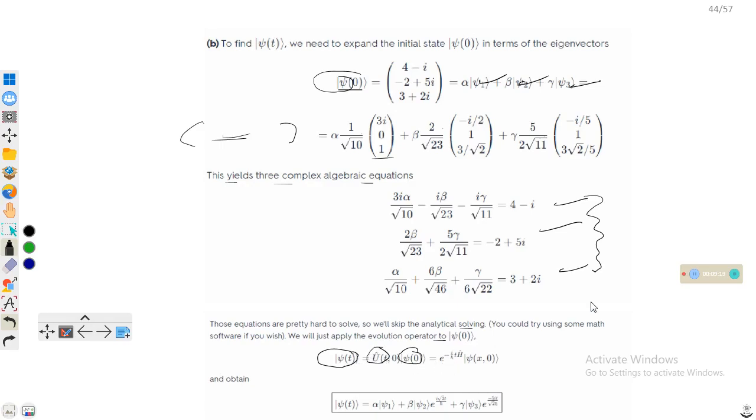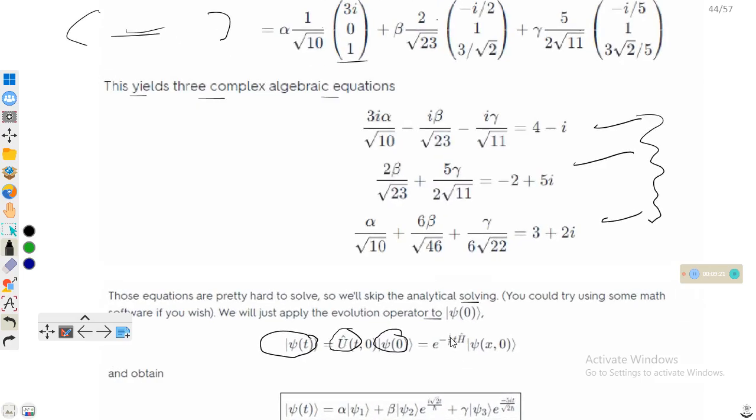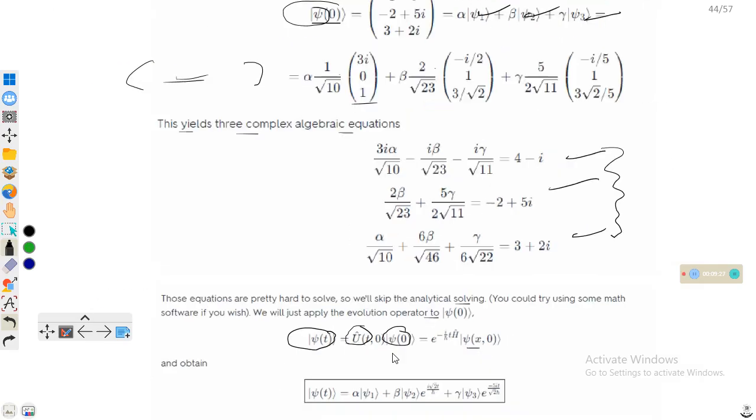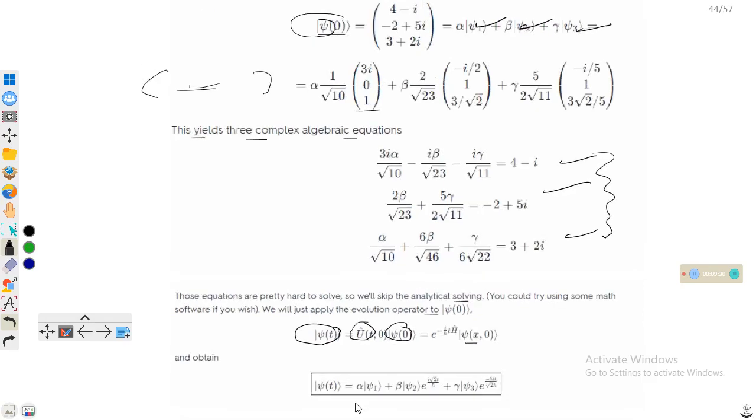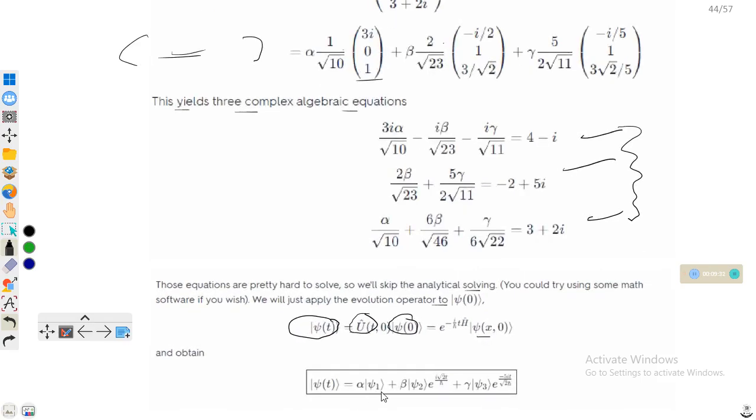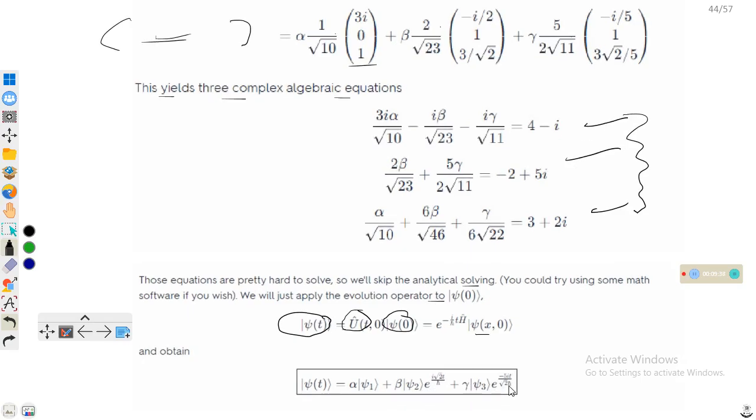You know that the evolution operator is equal to exponential minus iota t H over h cut, acting on psi of x at t equal to 0. So if we apply this, it will give us psi of t is equal to alpha psi 1 and beta psi 2 times exponential this, and gamma psi 3 times exponential iota phi iota t over 2 h cut.